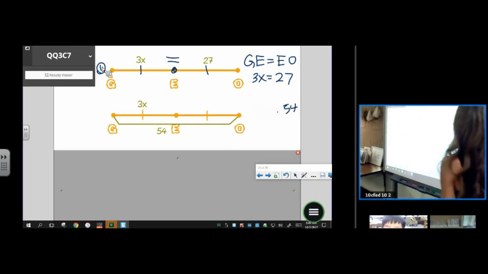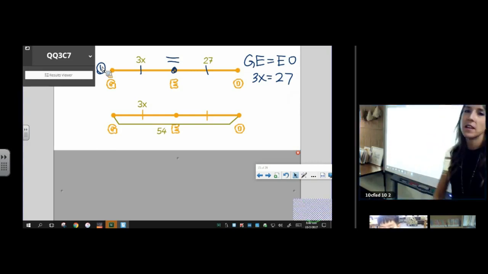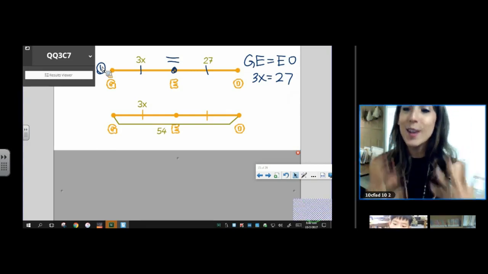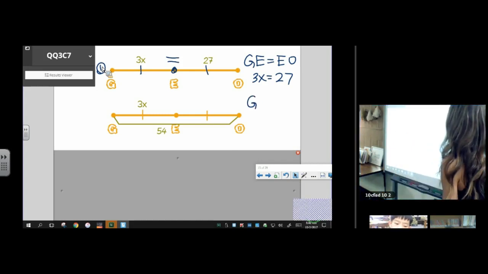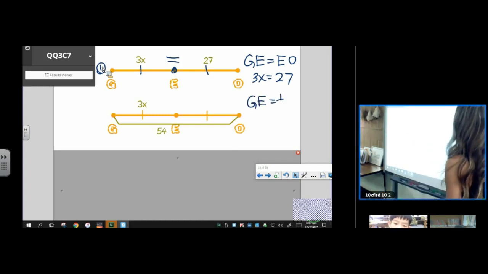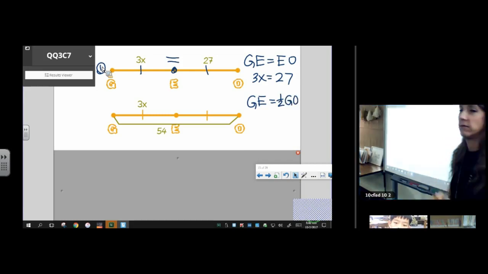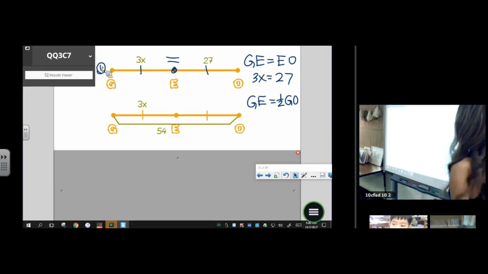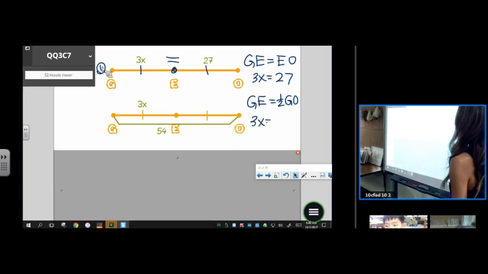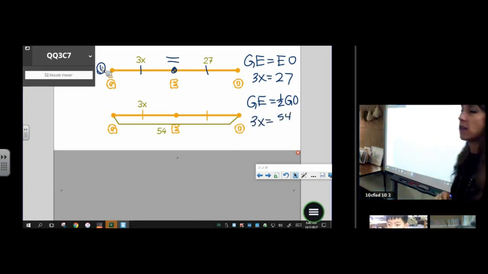So we definitely want to avoid that. We want to use our strategies. Good, good. We know GE is 1/2 of GO. So I'm not going to set 3x equal to 54. I could set 3x equal to half of 54.